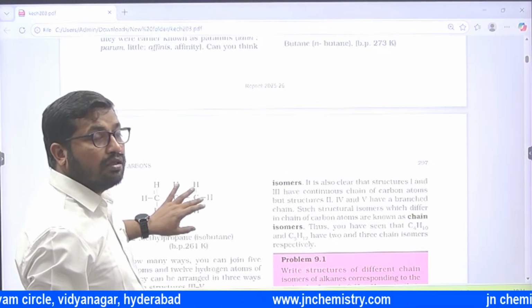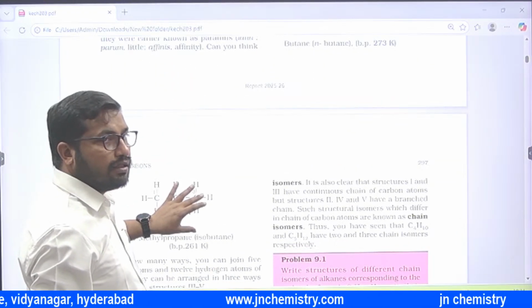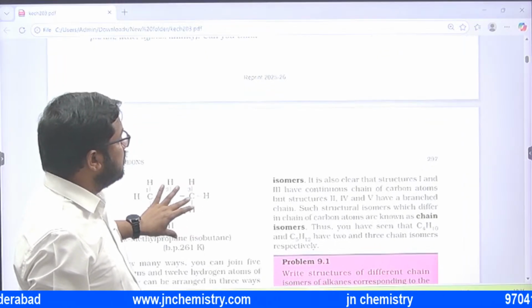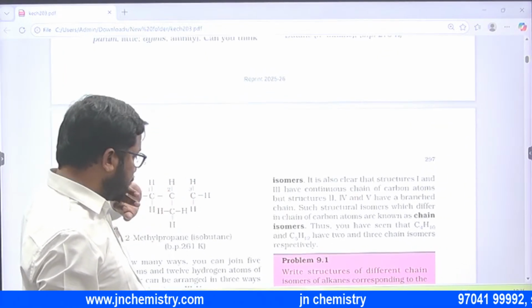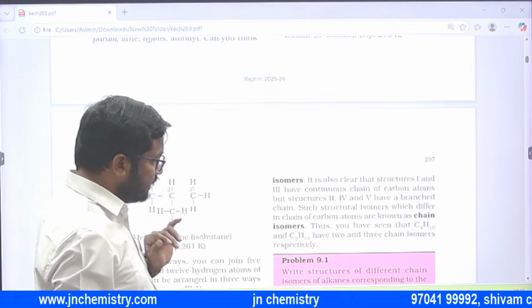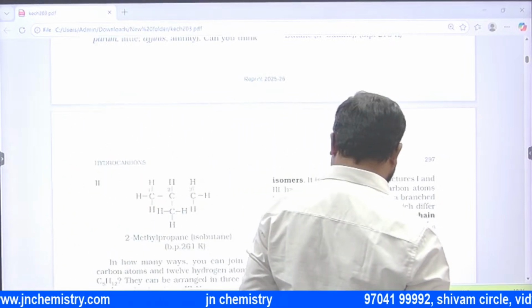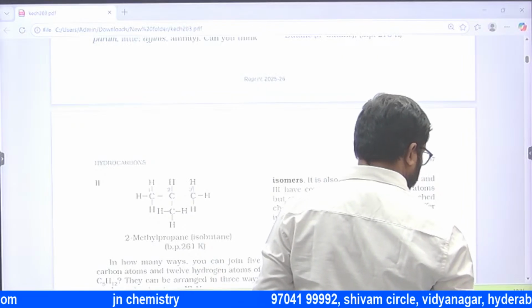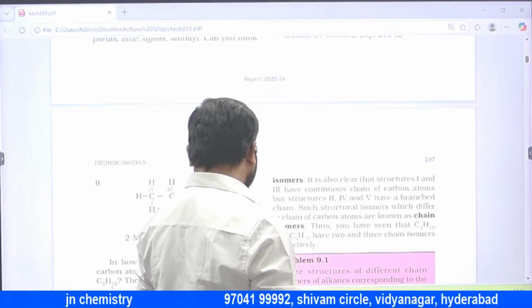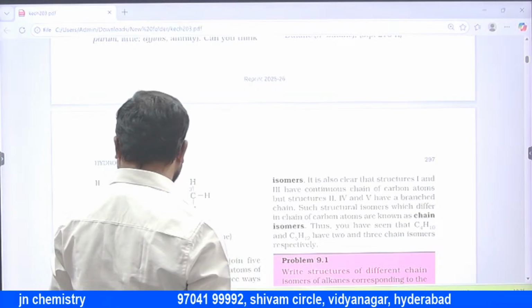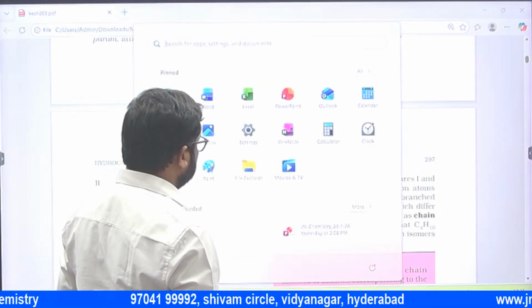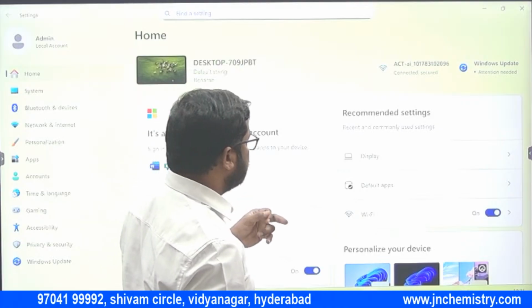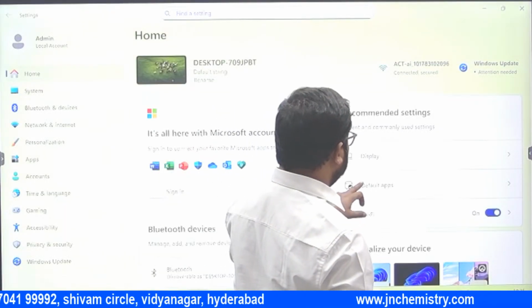Not clear. How do we increase the screen brightness and display?